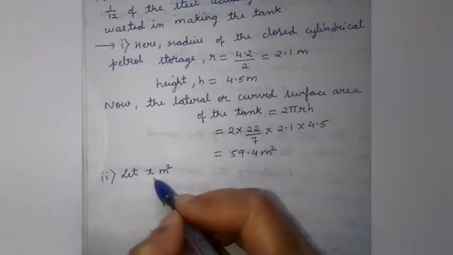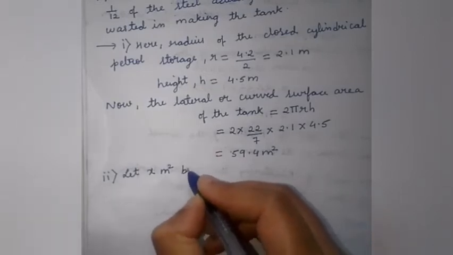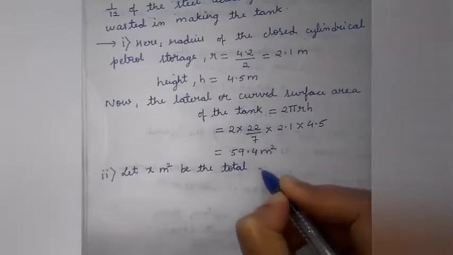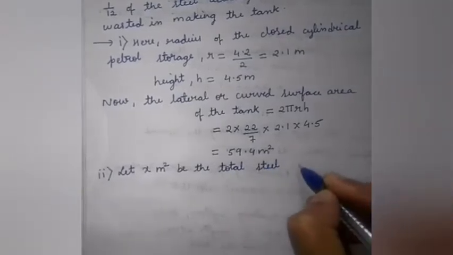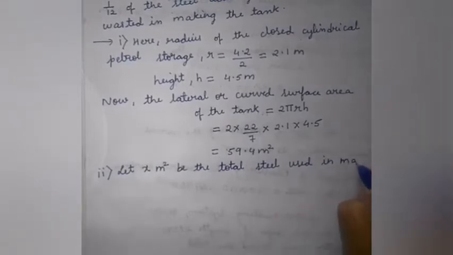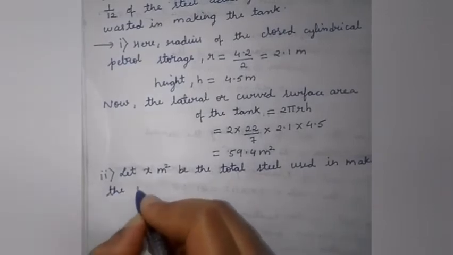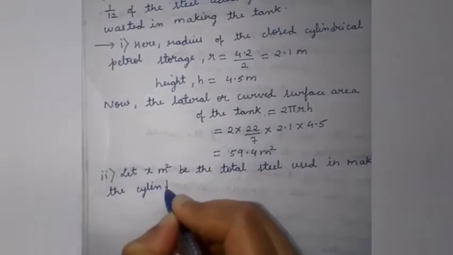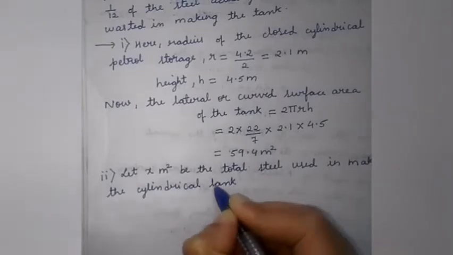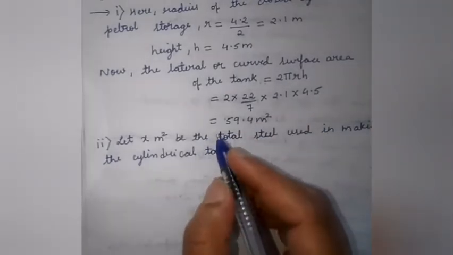We don't know what it is, let us take it to be x. So x meter square, let it be the total steel used in making the cylindrical tank.